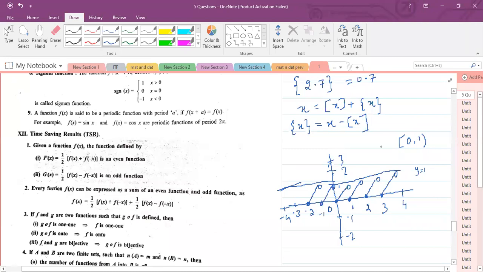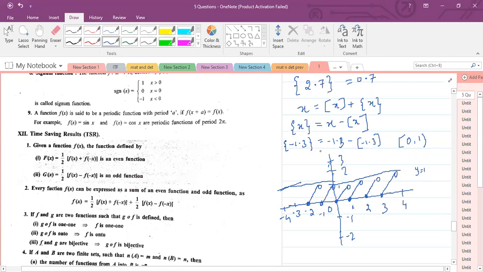Okay. So now one more thing, if you consider the fractional part of minus 1.3, the definition will be the element minus the greatest integer of minus 1.3.